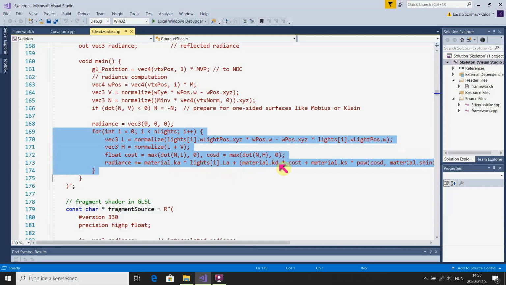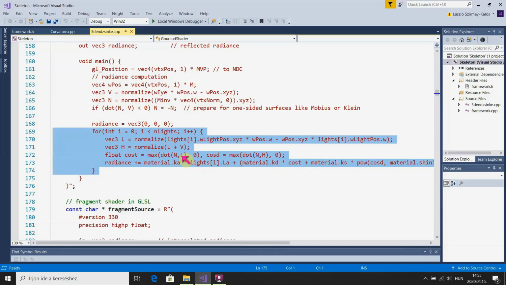Then we add the diffuse term according to Lambert's cosine law, which is the diffuse reflectivity multiplied by cosine theta. Theta is the angle between the normal vector and the illumination direction. And if this angle is greater than 90 degrees, it means that the object occludes the light source.